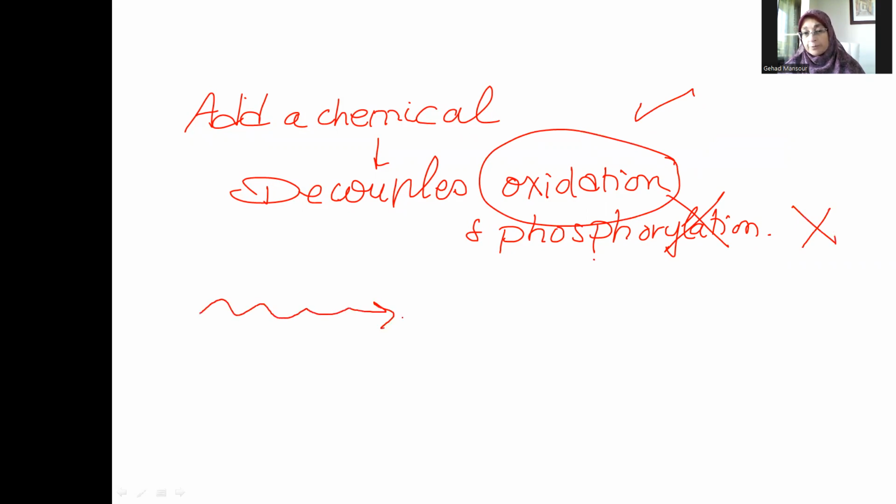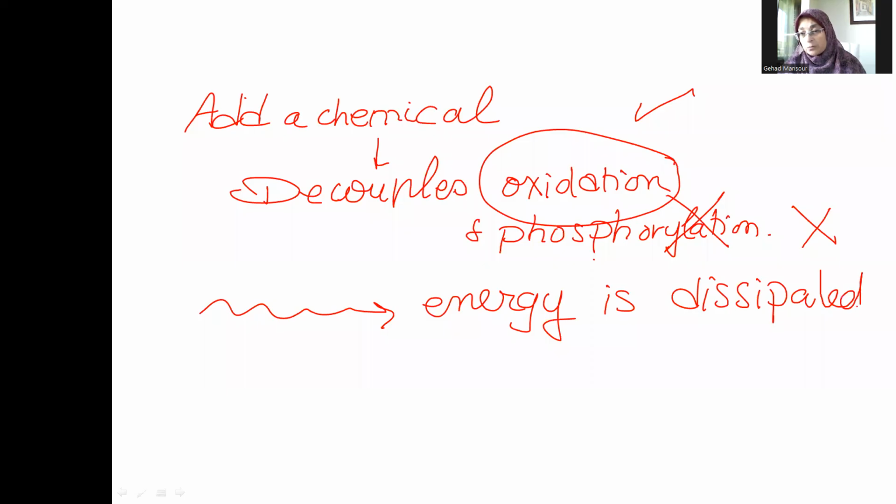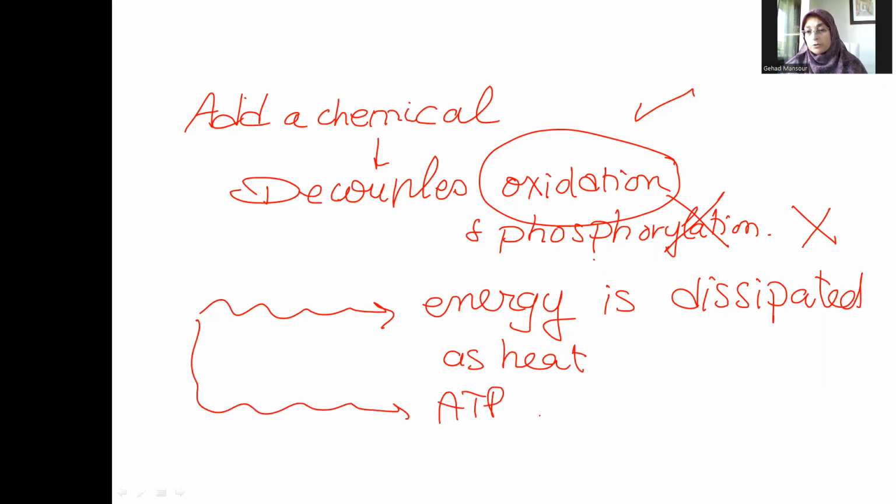So what would happen? Energy will be dissipated as heat. This is a very important question: energy will be dissipated as heat. And another consequence is that ATP will not form. You will not have stored energy in the form of ATP. Is that process beneficial or harmful? Both.